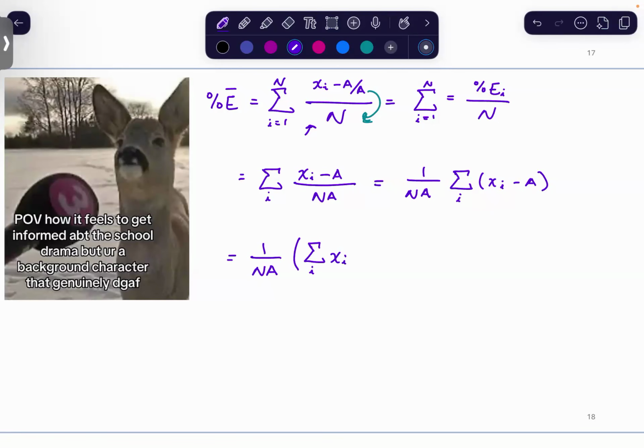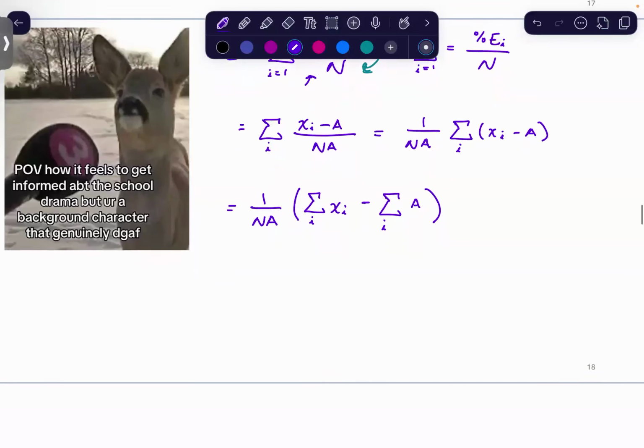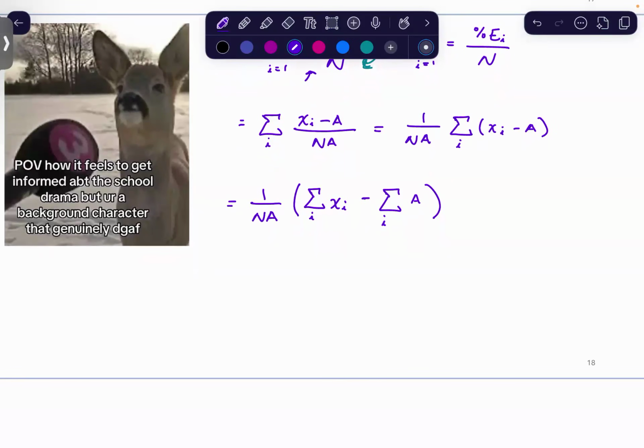The sum of each x minus the sum over a. Now, a is a constant. But I want to leave it this way for a moment. Okay, so this is something you'll learn as you get used to this.